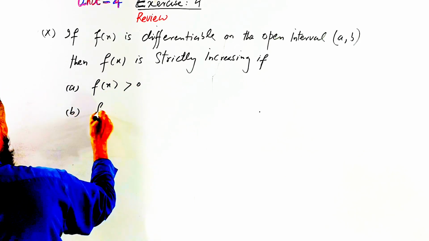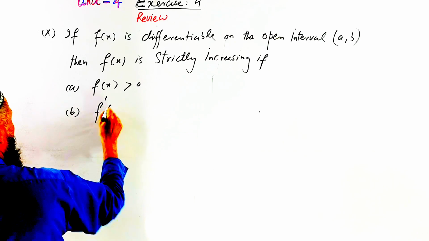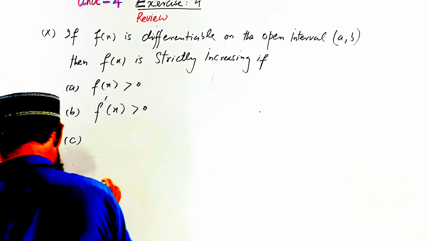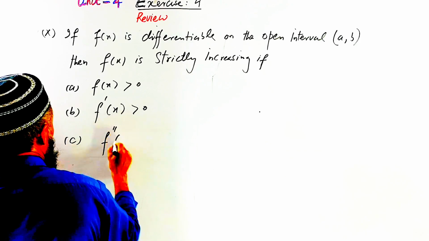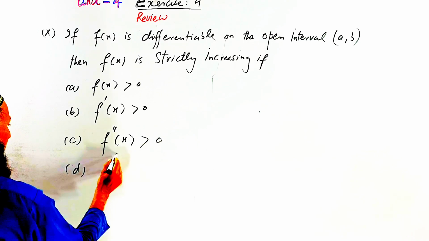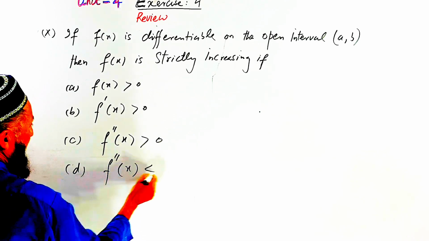B: f dash x is greater than 0. C: f double dash x is greater than 0. And D: f double dash x is less than 0.